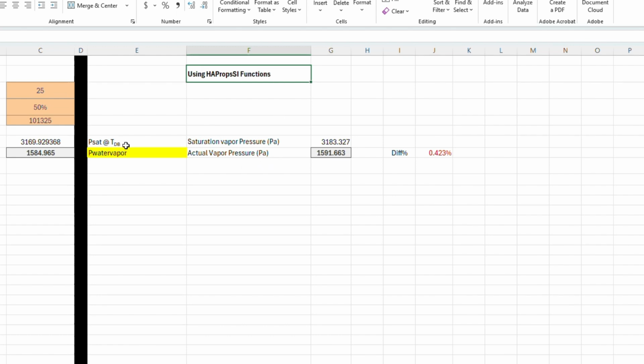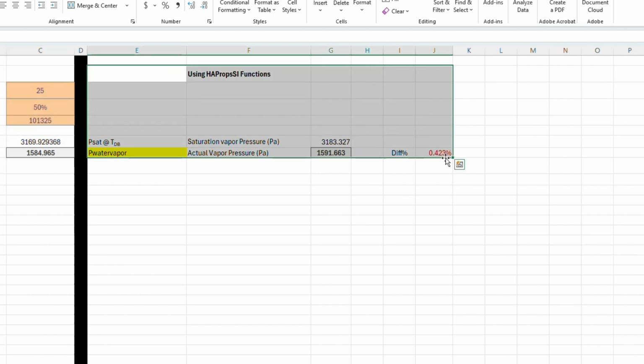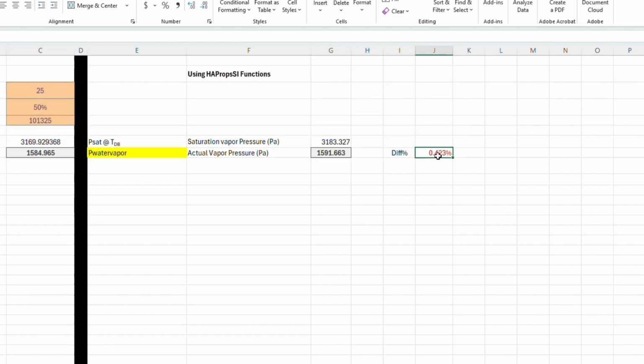So here, you can see there is a small difference. Okay, there's a small error with calculating with this versus calculating with this, and I've calculated the error percentage here. That's an inbuilt error within CoolProp.